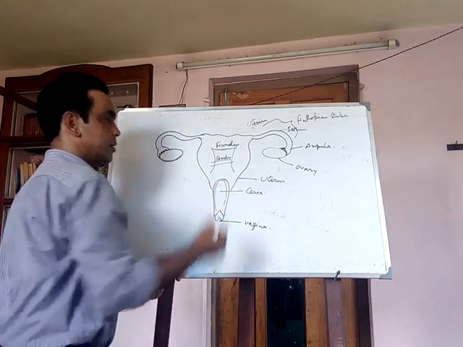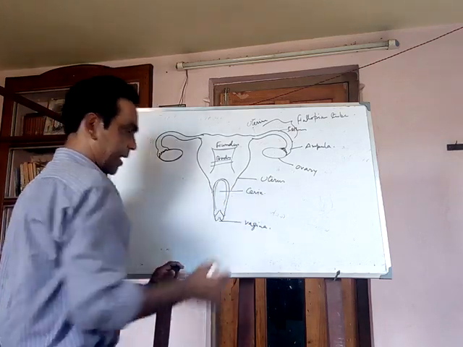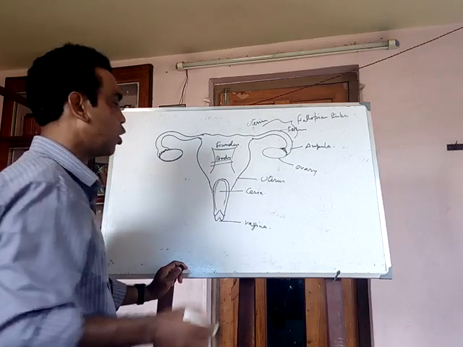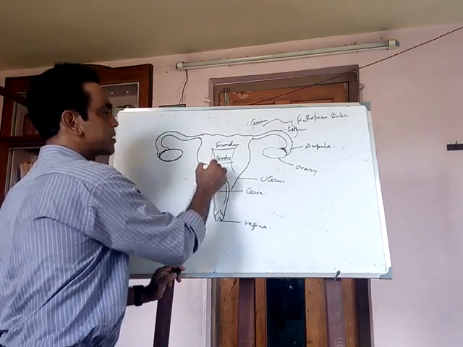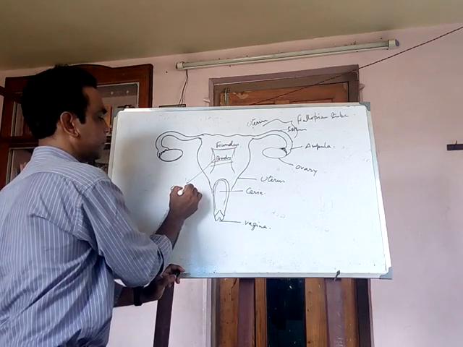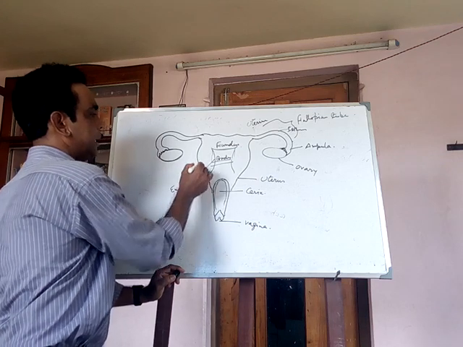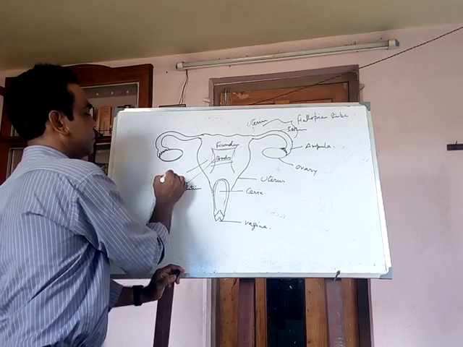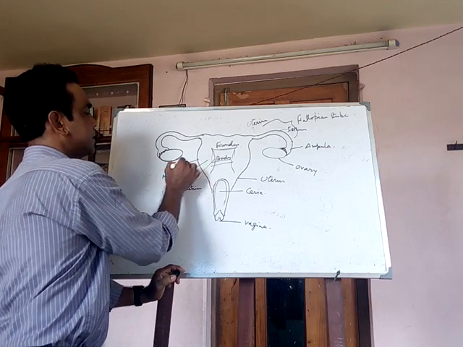The inner part is called the internal os, and the exposed part is called the external os. The body is further divided into the layers: the endometrium, the myometrium, and the perimetrium.